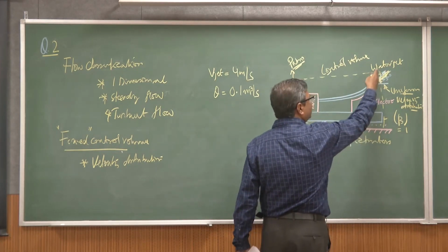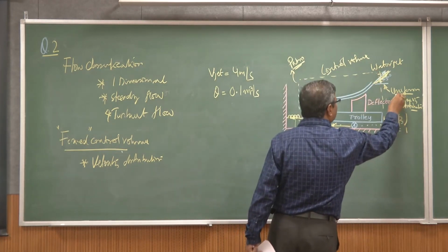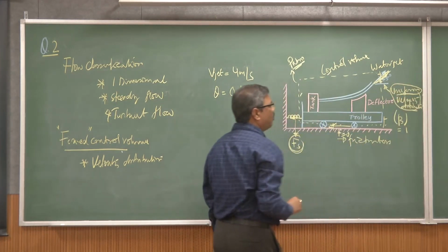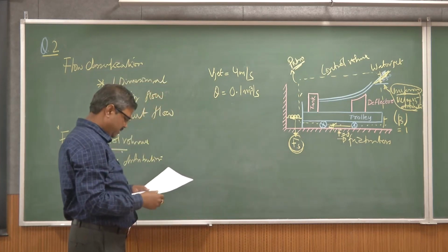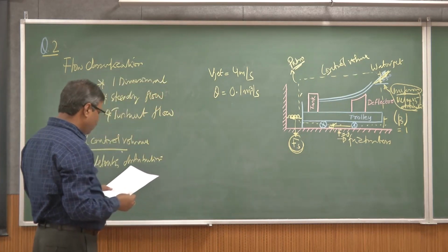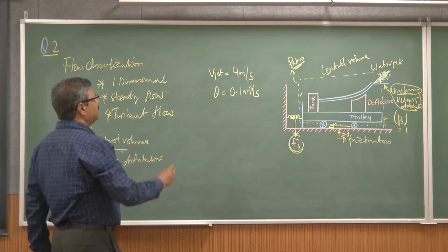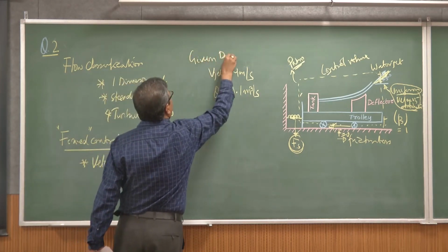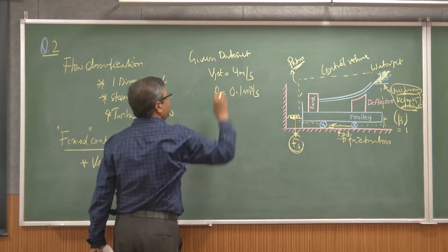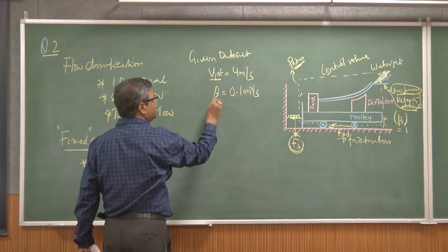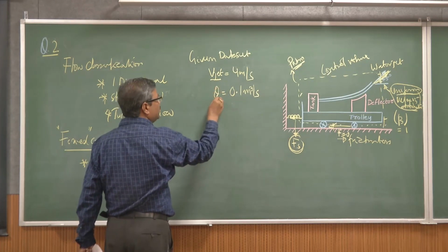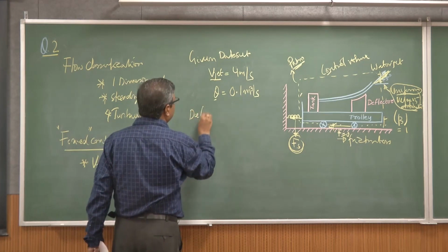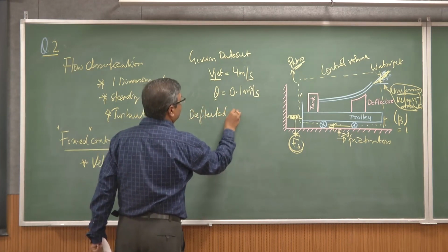There could be velocity distributions there, but the assumption of uniform velocity distribution is also quite valid for this type of calculation. Now let us have the data given here, the given data set. One is the jet velocity and the discharge, the Q value. Second is the deflected angle.